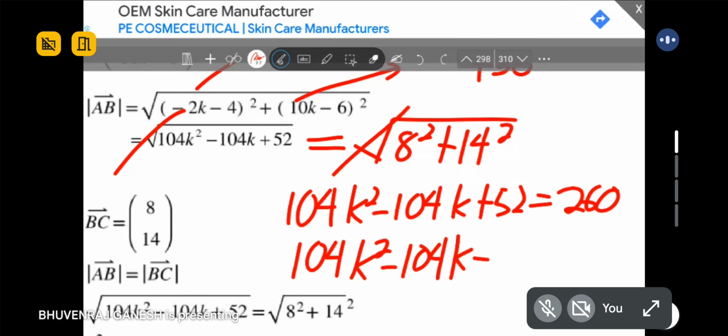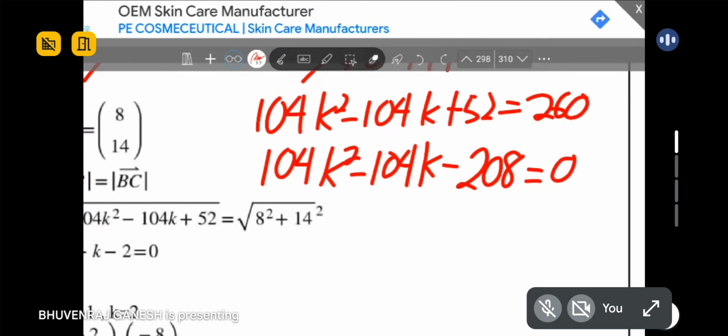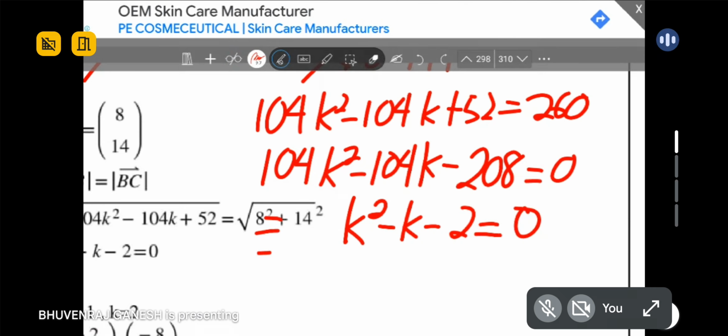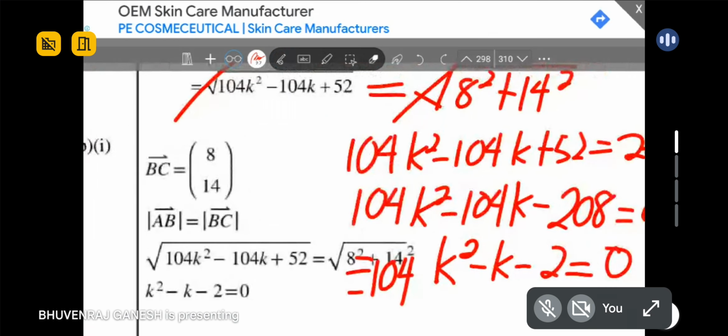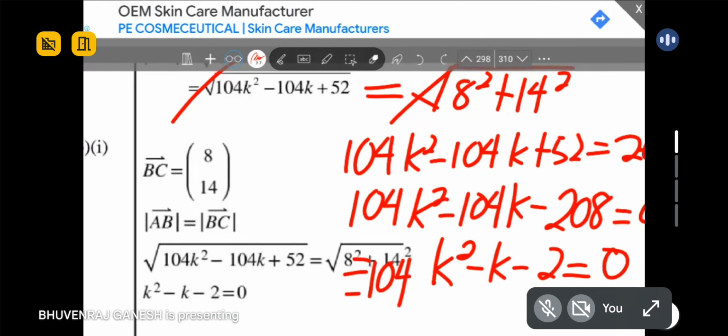Pindah ke kiri. So you will get minus 208 equals 0. And you divide by 104. So you will get this. Okay, clear guys? You get the same answer. Understand? Question B1? Boleh faham?